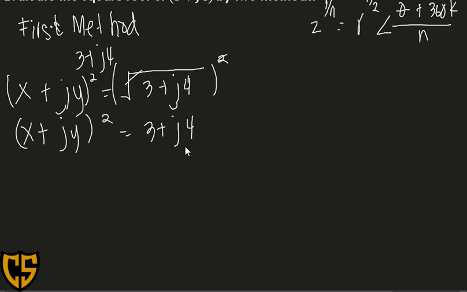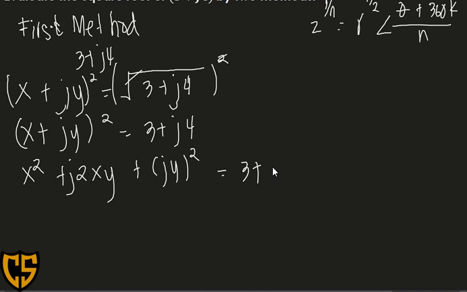Then, we have to expand or manipulate the binomial with the complex number. So we will have x squared plus 2xyj, then plus jy squared equal to 3 plus j4.